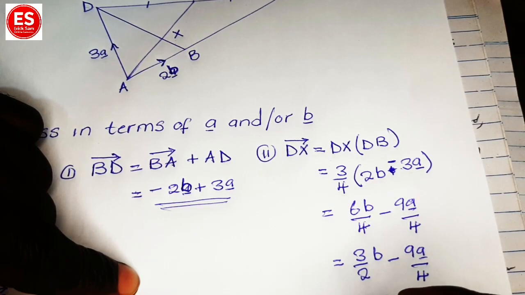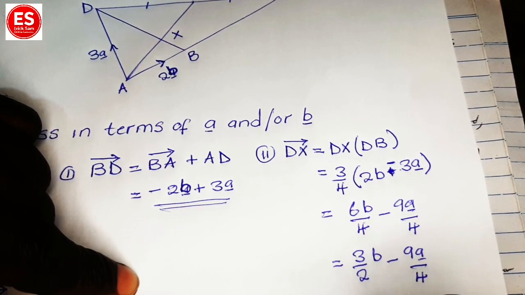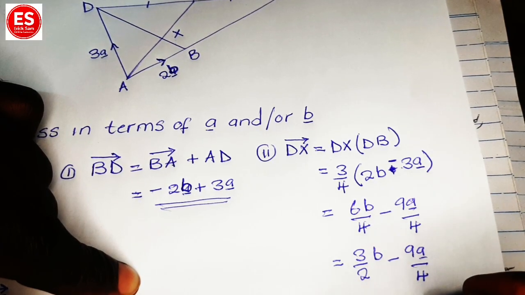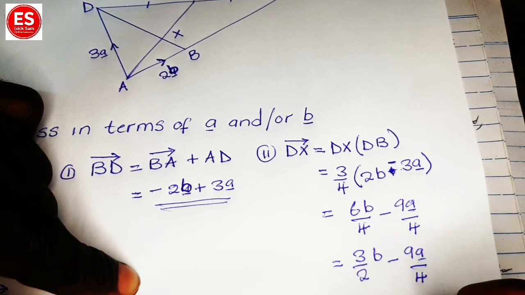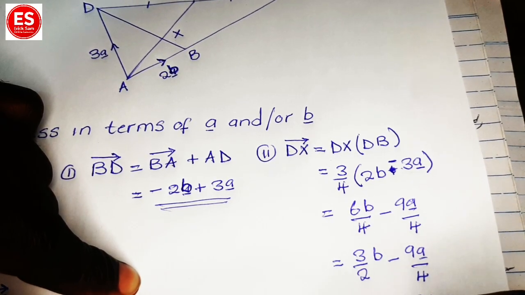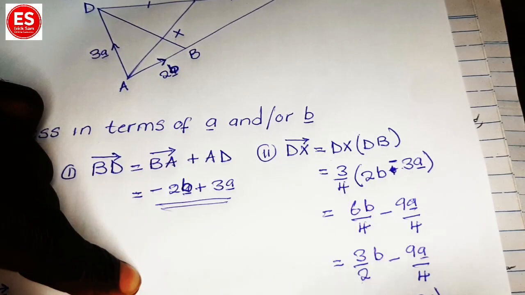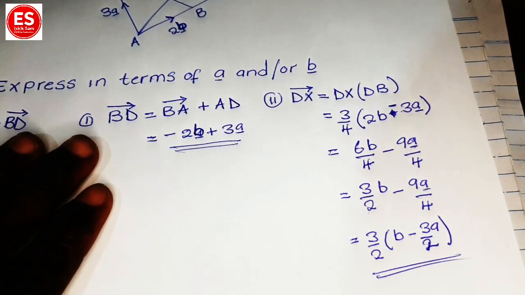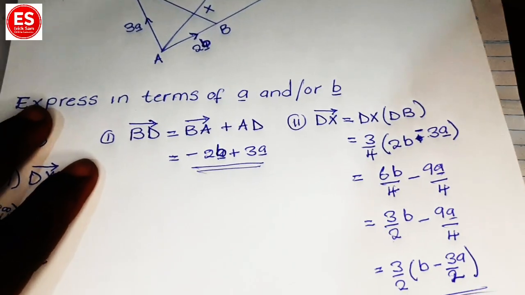So you're going to have 3 over 2, you factor out, and you're going to remain with B here, minus, then 3 times 3, you're going to have 9A over 2 times 2 is 4, I mean 2, so it's supposed to be 2 here. Okay, so that is how you can end it. All right, so I hope you followed.